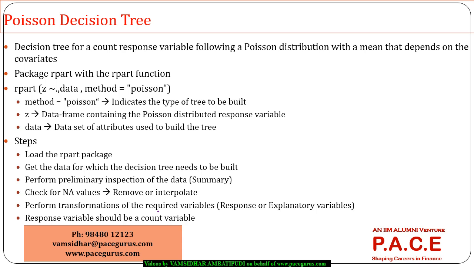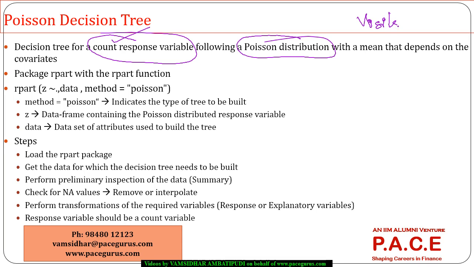Now, Poisson decision tree, it's a decision tree where the objective is for a count response variable. Wherever my response variable is a counting related one, we assume that it follows a Poisson distribution. So it's basically like the number of hospital visits, right?